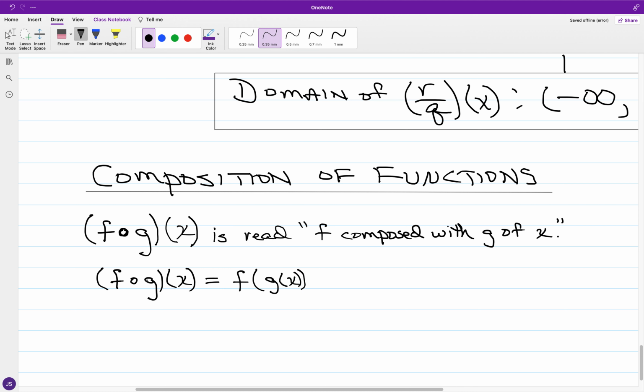So the function whose letter is at the front is going to be on the outside, and the function whose letter is subsequent in the composition notation is going to be the interior function. So in this layout, g of x is the input function, and f is going to be the output.